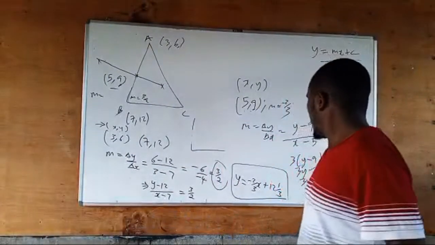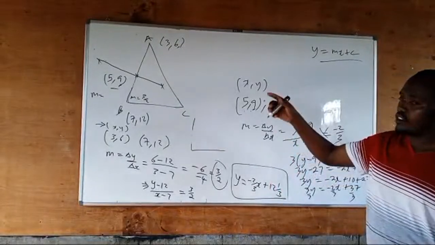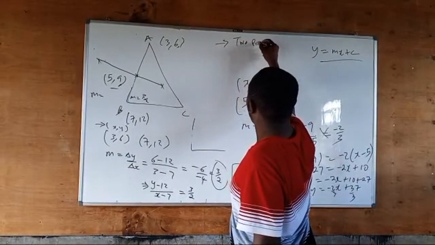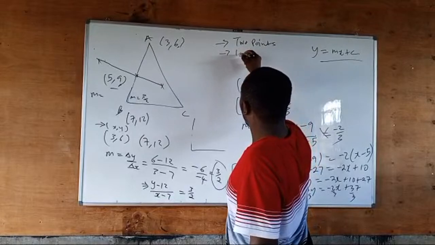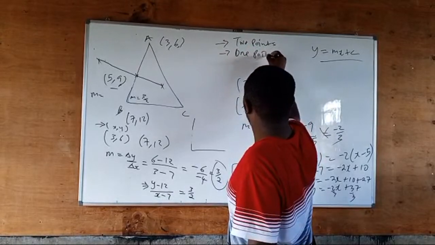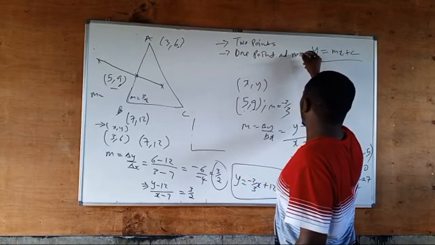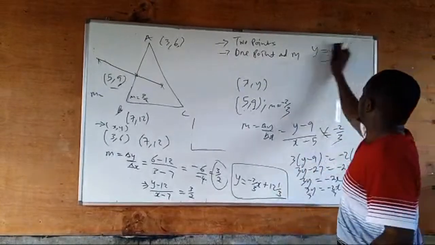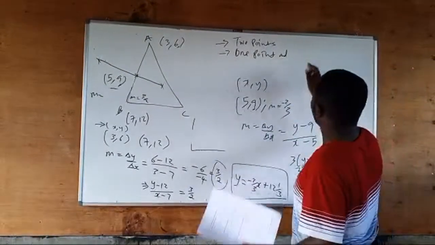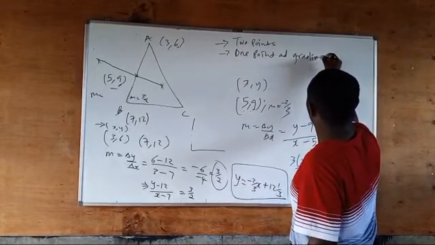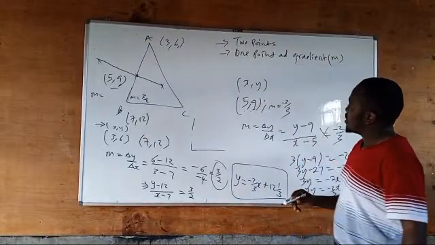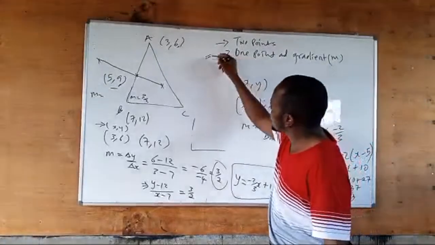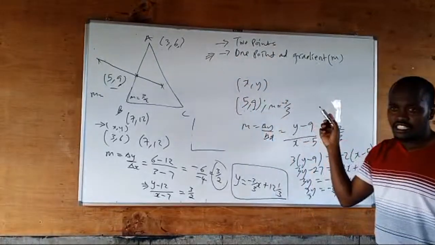So, I hope you have understood that to solve an equation of a straight line, you need either 2 points, or 1 point and gradient, which in a piano comma m, gradients. So, if you are given 2 points, you first find the gradient. So, what is very important is here. You need 1 point and the gradient.